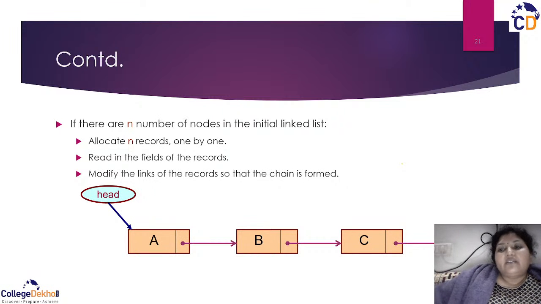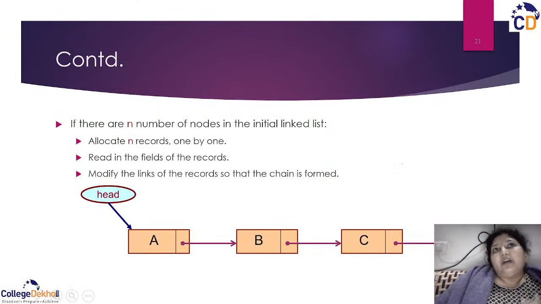Whereas in arrays, if we want to access any element, we use the index, the subscript of the array, and then we can access the list. So I hope all of you have understood the differences between linked lists and arrays, and the basic operations that we can perform on a linked list.